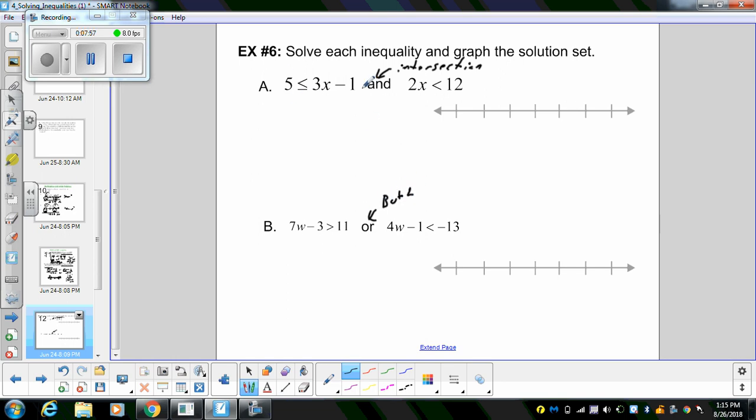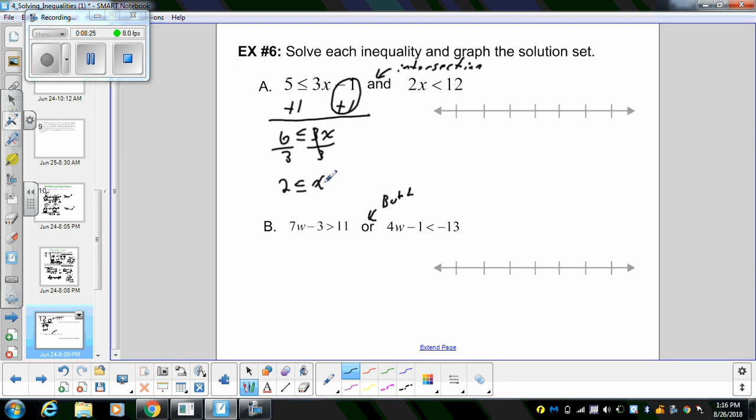If we solve them separately, I'm going to get rid of my constant first, so I'm going to add 1. That goes away. 5 plus 1 gives me 6, less than or equal to 3x. Then I get rid of my coefficient, so I'm going to divide by 3. 6 divided by 3 is 2.